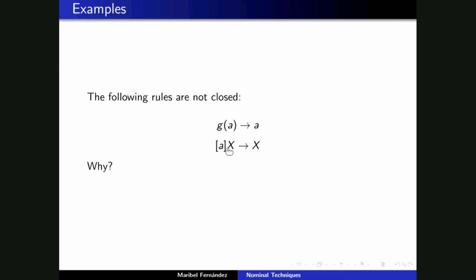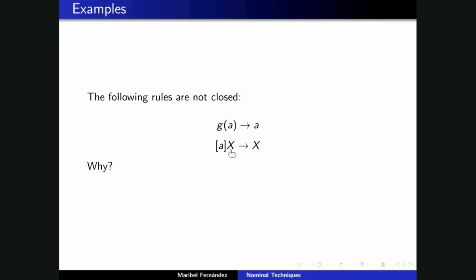But this one also is not closed. This is a little bit more subtle, because although you don't see there a free atom directly in the rule, when you think about what this rule is saying, that each time I have something of this form, so any instance of this term, I will rewrite to X. Now, one of the rewrites I can do with this rule is a term of the form abstract a in a.